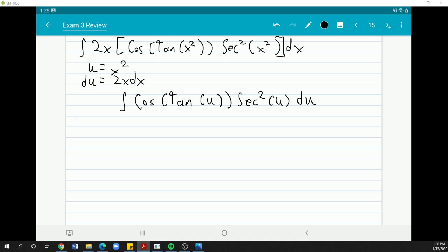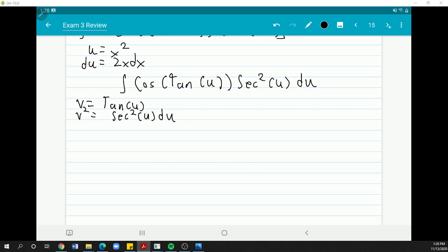And this was an example we couldn't do in class, but it is possible to have to do more than one u substitution. So I'm going to let v be equal to tan u, then dv is equal to secant squared of u du, and I have both those things. So this becomes the integral of cosine v dv.